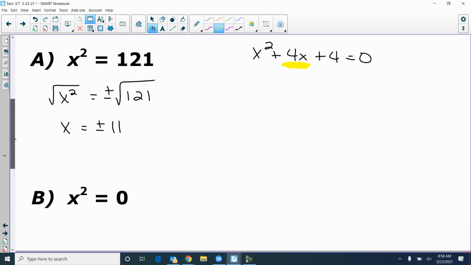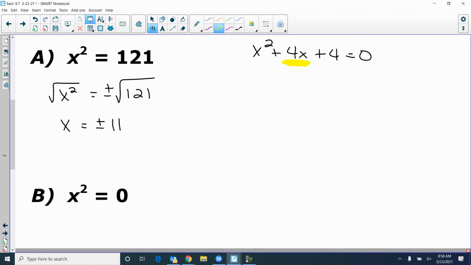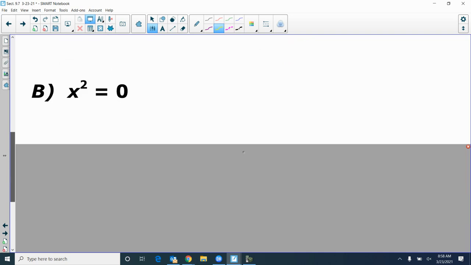When we solve equations, we always tell you what? Do the opposite operation. So if I have like x plus 7, I want to subtract 7. Well, now I'm squaring something. So the opposite of squaring it is finding the square root. Okay? Same kind of fundamental idea, but we just need to know that squaring and finding square root are also opposites. And that's it. Well, let's just take a look at some other cases here. Now, x squared equals 0. If the x squared is by itself, you take the square root.